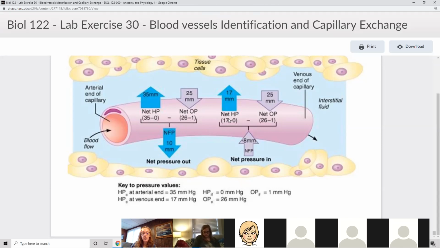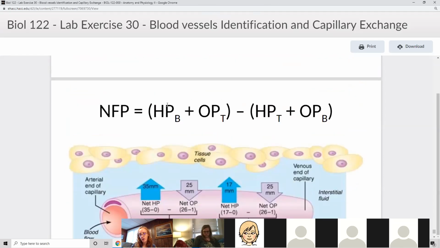On this side, the hydrostatic pressure of the tissues out here, plus the osmotic pressure of the blood. So we're dealing with four different pressures here. Hydrostatic pressure of the blood. How much are we pushing the blood out of the capillary? Plus the osmotic pressure of the tissue.